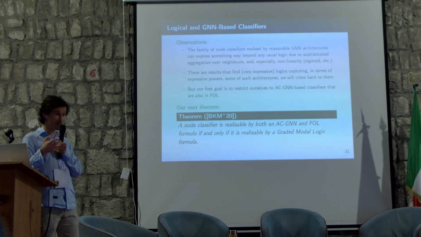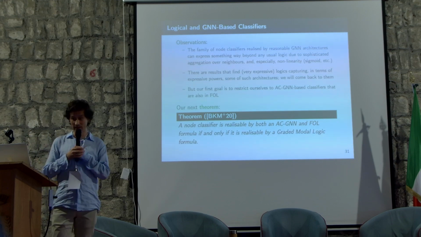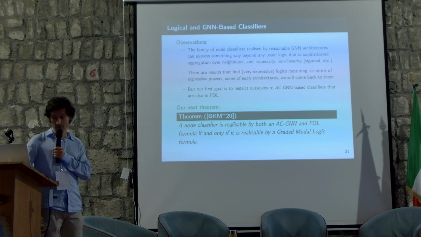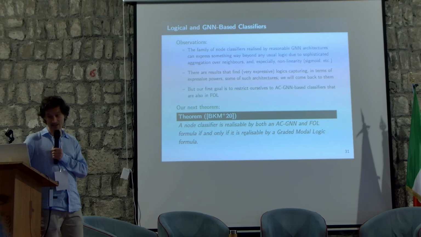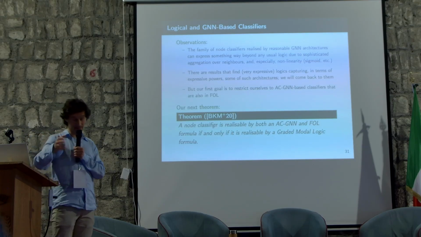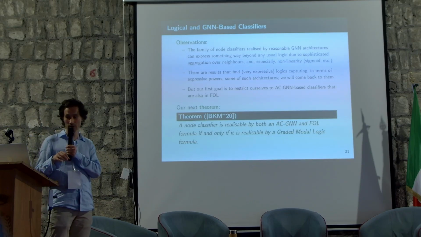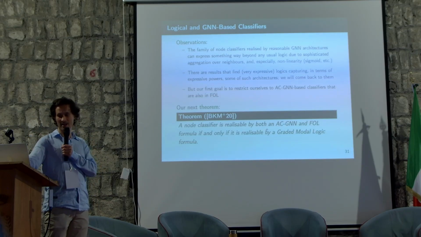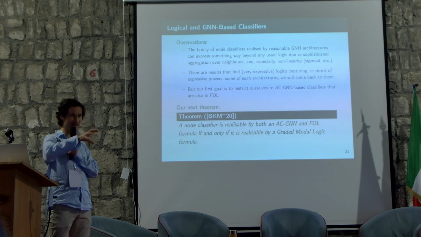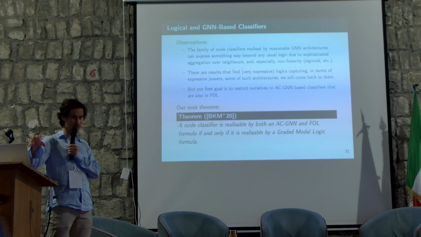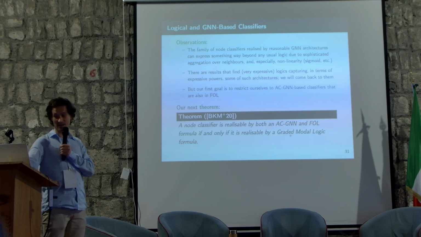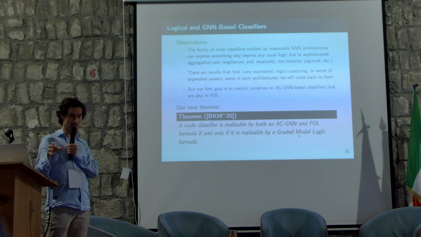But still it could be good to find some common ground, and this common ground is this theorem, which basically says that a node classifier, this function which assigns yes and no to each node in each graph, is realizable by both AC GNN and first order logic. So I basically intersect AC GNNs with first order logic, and then I get precisely graded modal logic.